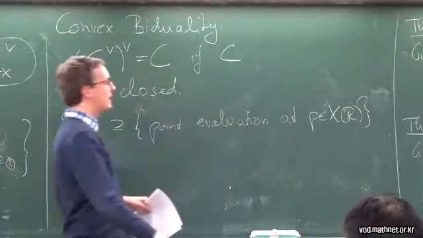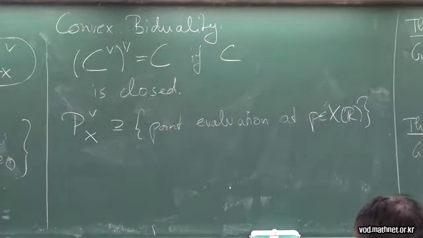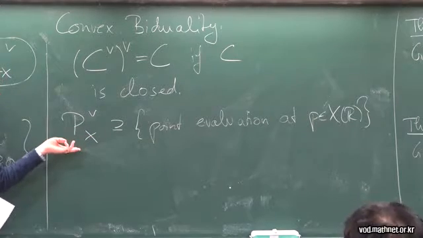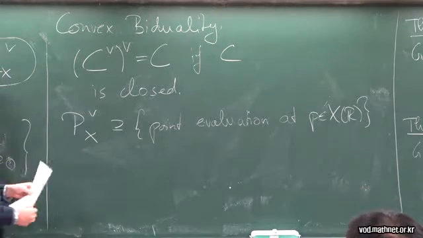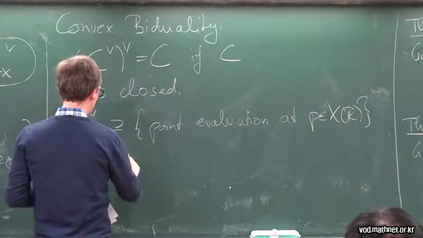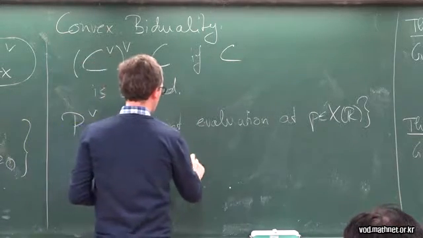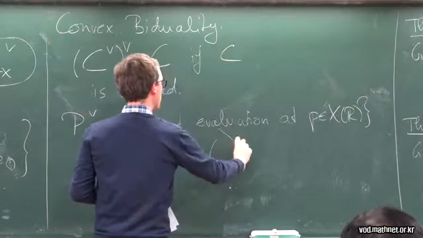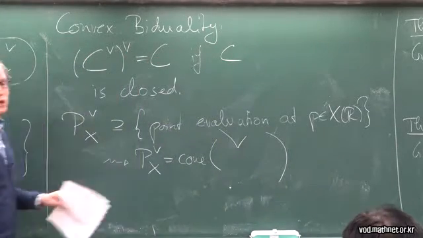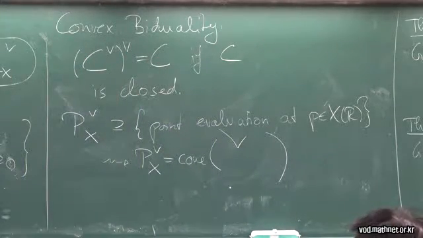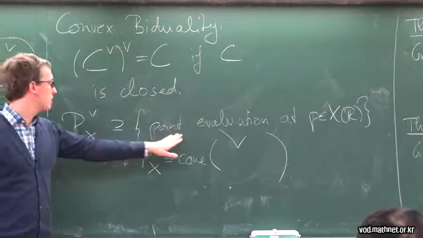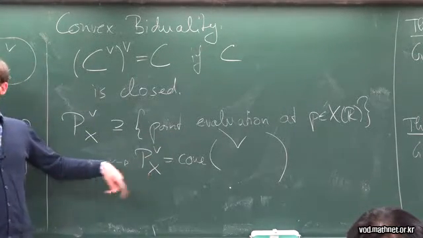So if you evaluate at any real point, this will be a linear functional, and it will certainly be non-negative on non-negative polynomials. But by convex biduality, that is exactly what it is. So the dual cone is the cone generated by point evaluations. And that you can see by duality.